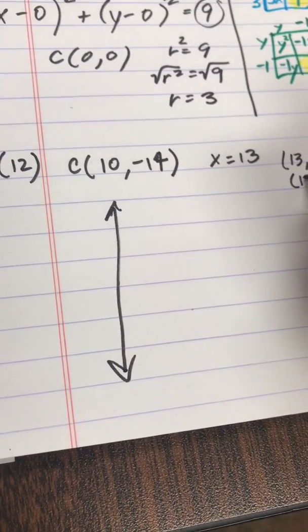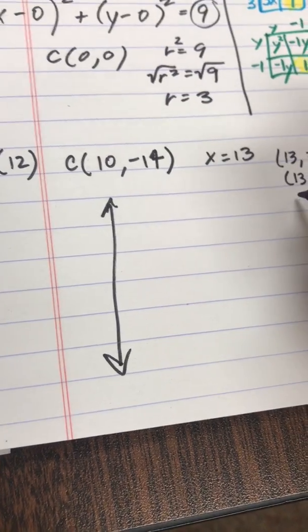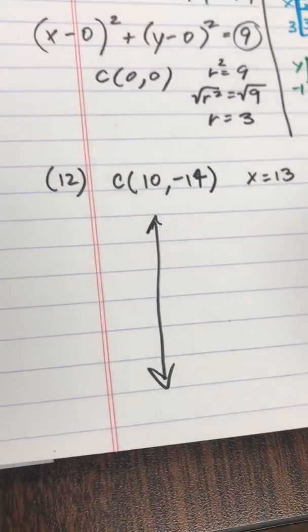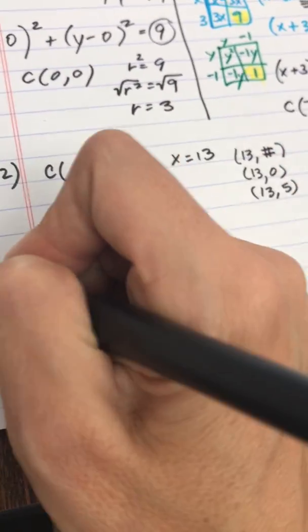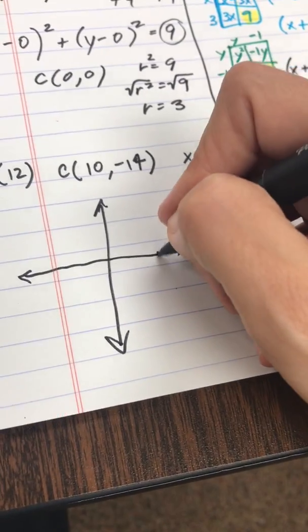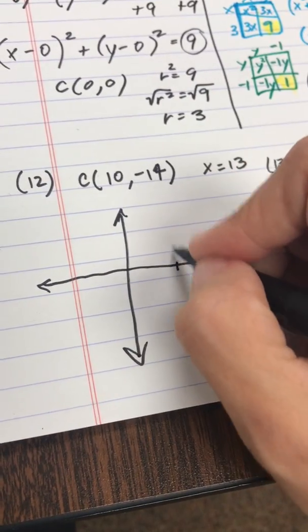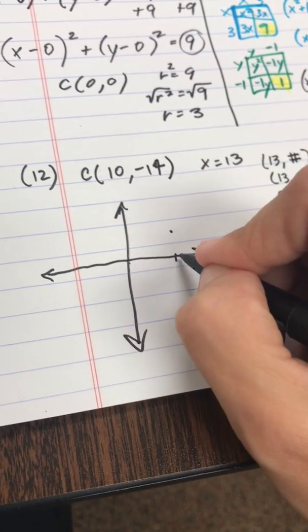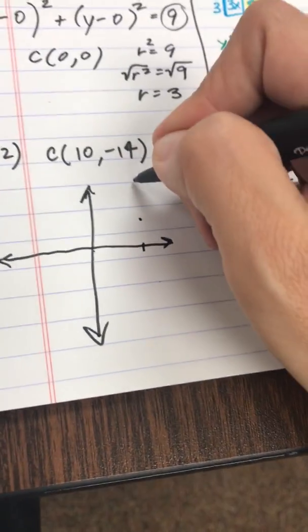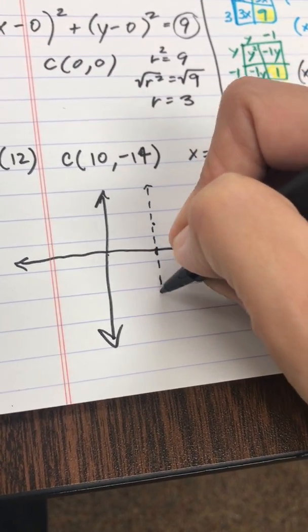So we could graph the point 13, 0 or 13, 5. It doesn't matter. That's x is 13. Hopefully that helps. So if I'm just going to kind of pretend to draw that, x is 13, so I'm just going to go over 13, and maybe up 5 or over 13 and not up at all. So this is a graph of the line x equals 13.